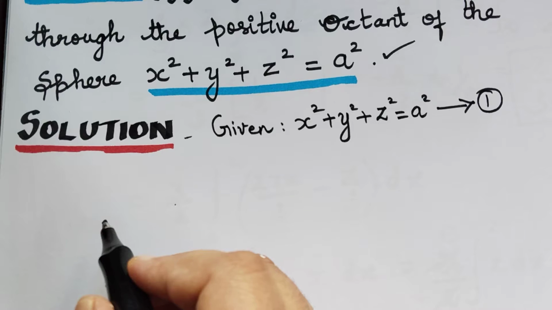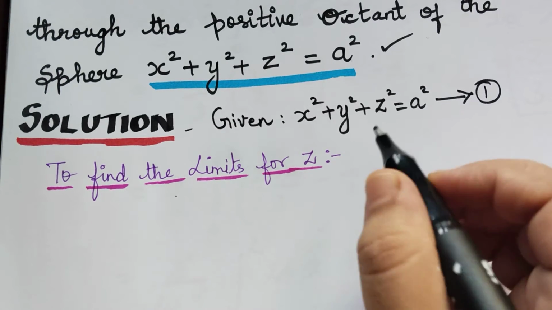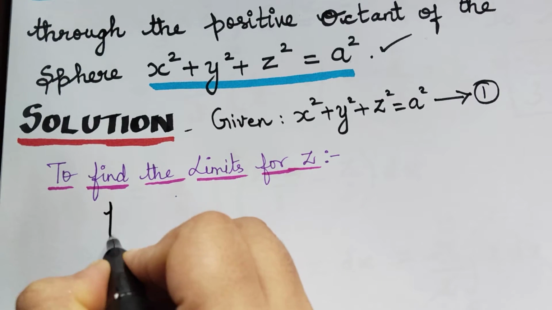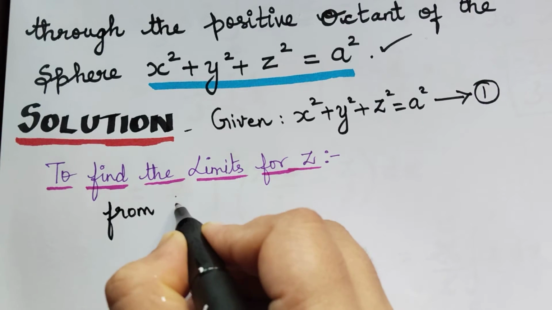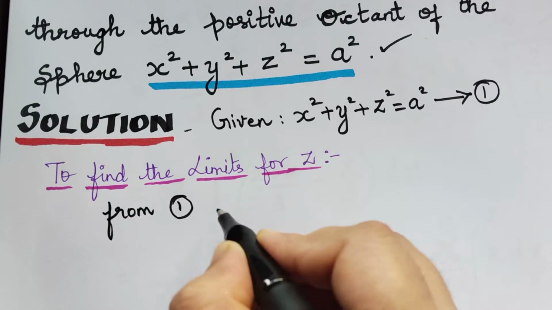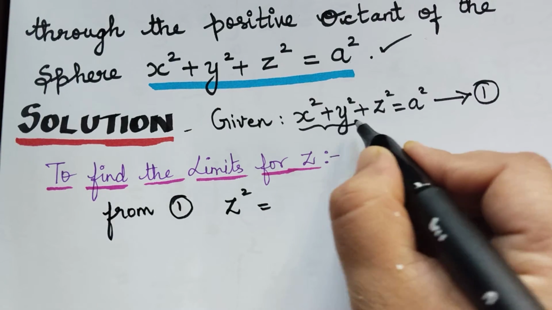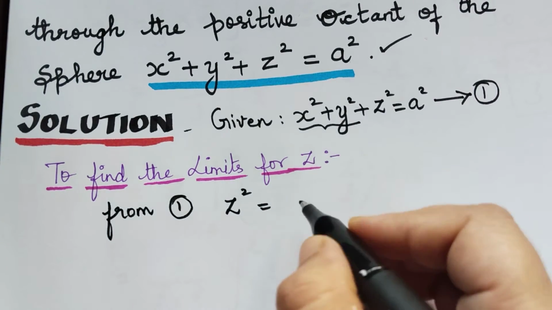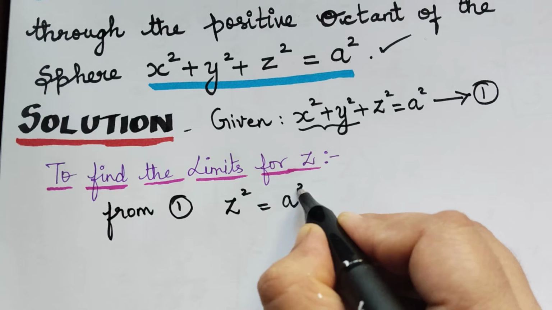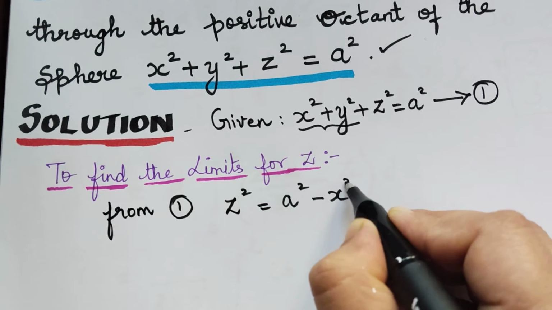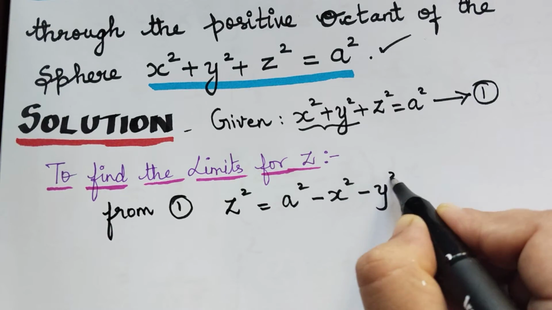In order to find the limits for z from equation 1, having z on one side, we can take the remaining terms, that is x square plus y square, to the right. So we will be getting a square minus x square minus y square.